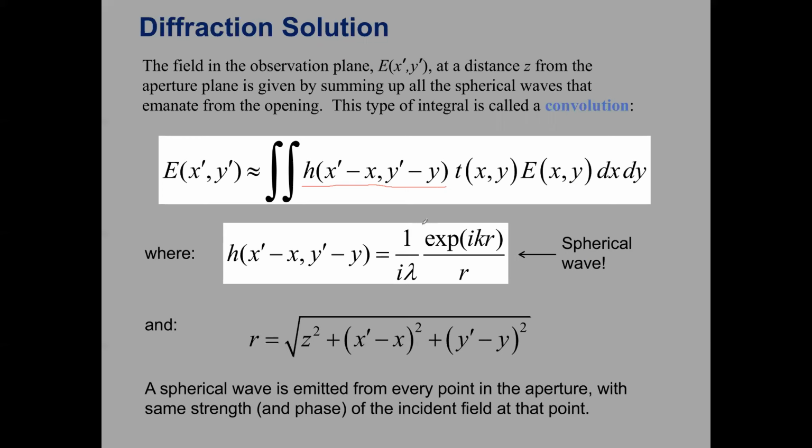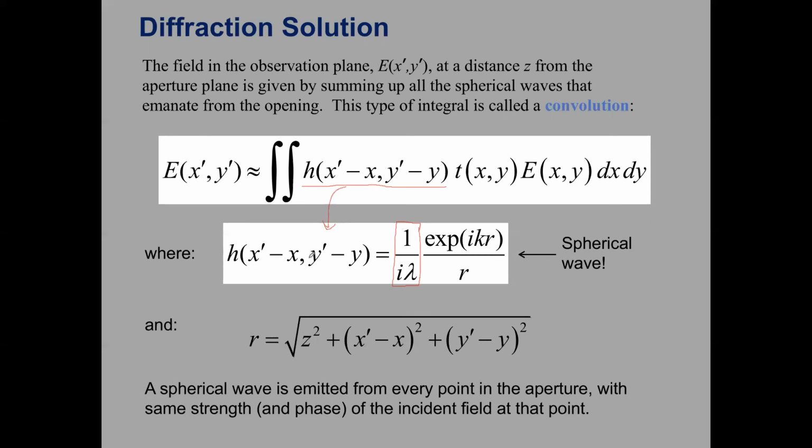There's also effectively this normalization constant with the wavelength that I'm not going to get into for the purposes of this class, but the main idea is that this function h is what's describing the spherical wave.